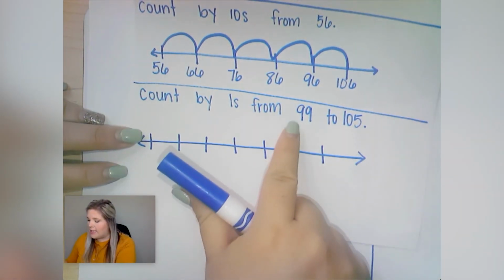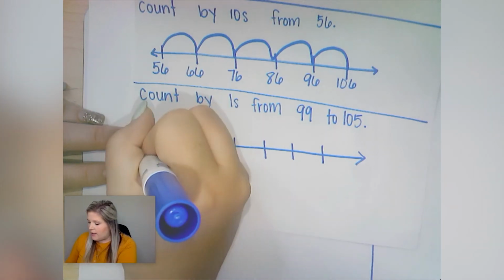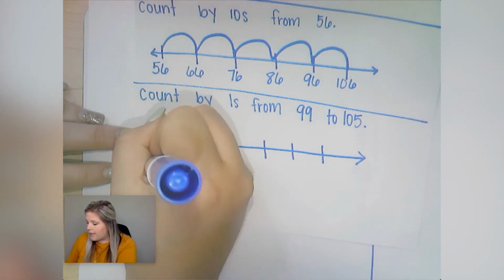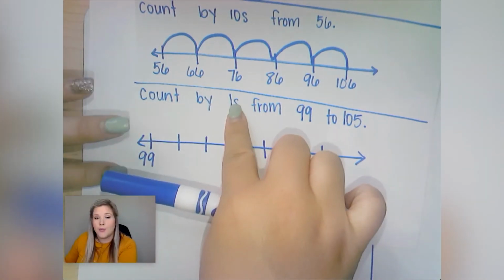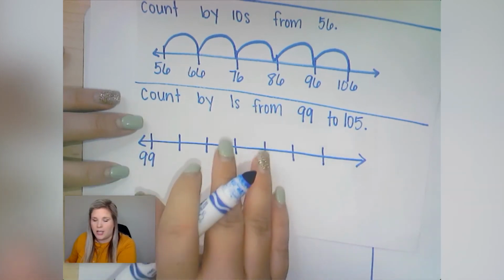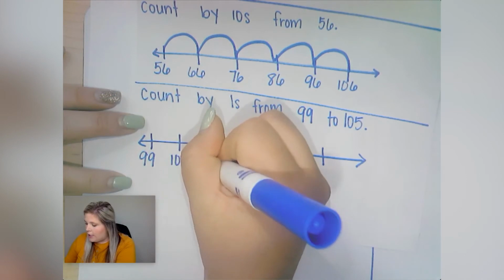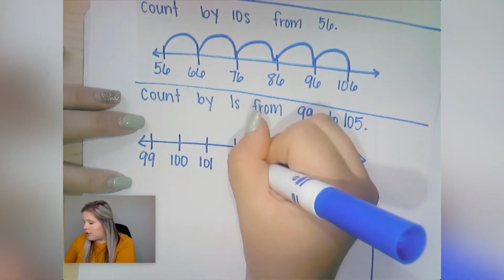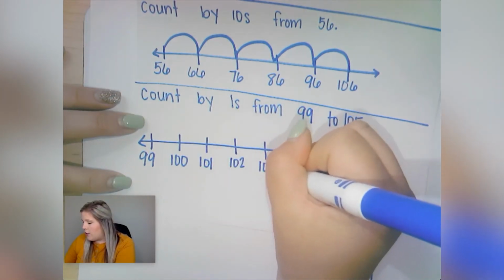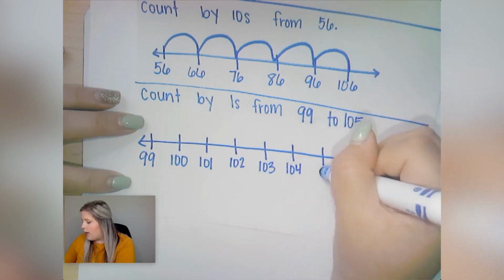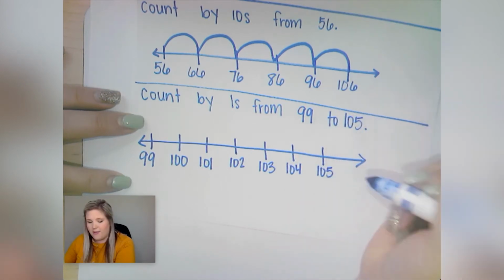So if we're starting at 99, 99 is going to be my first number. And I'm counting by ones, so I'm going to write the numbers that come after. 99, 100, 101, 102, 103, 104, 105.